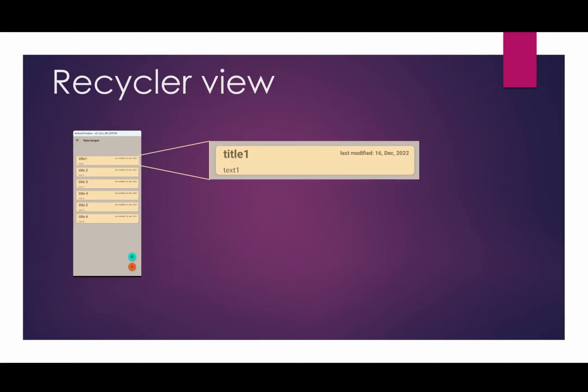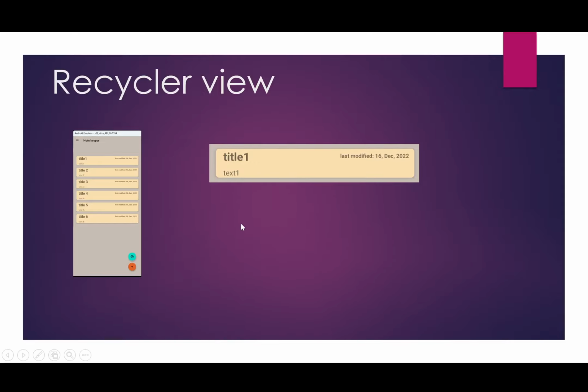Each item, each row of the RecyclerView has its own layout, and we have to design the layout. For example, here I have 3 text views and a constraint layout and the card view, and the RecyclerView doesn't hold any data itself.